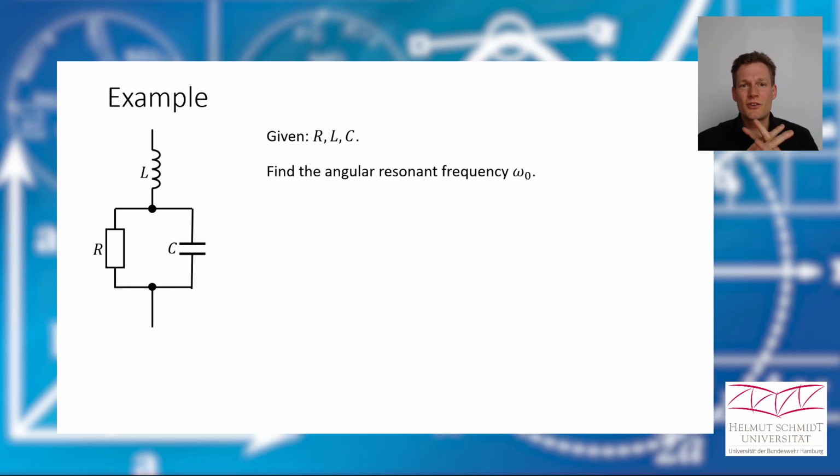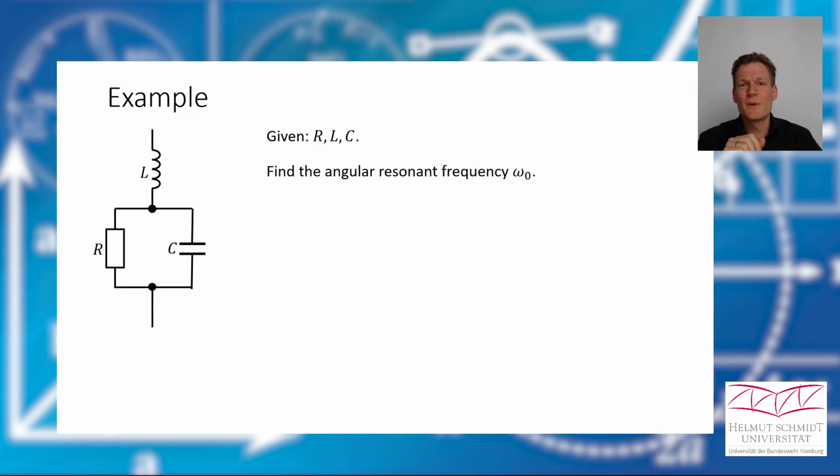At this point of the lecture, many students think, cool, when I have any circuit with L and C, then it's a resonant circuit. That is right. But then they say, and the resonance frequency is 1 divided by 2 pi square root of LC. That is not always correct.